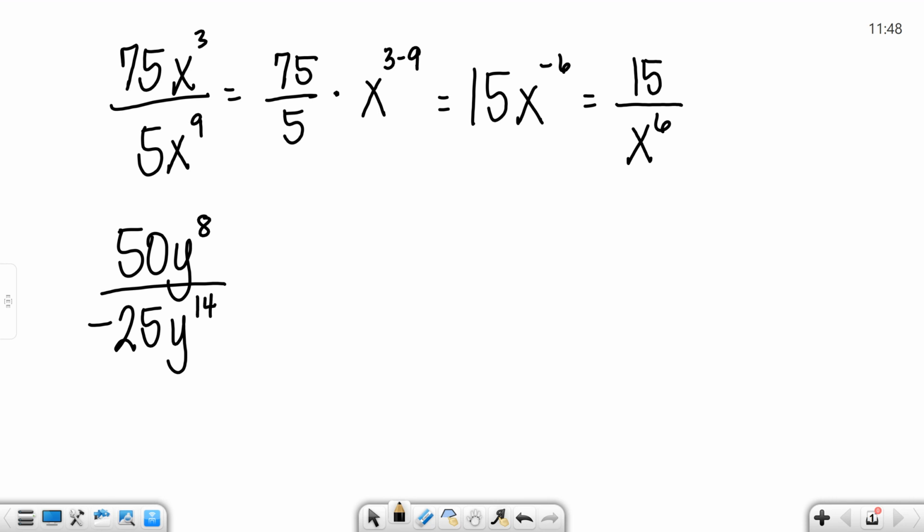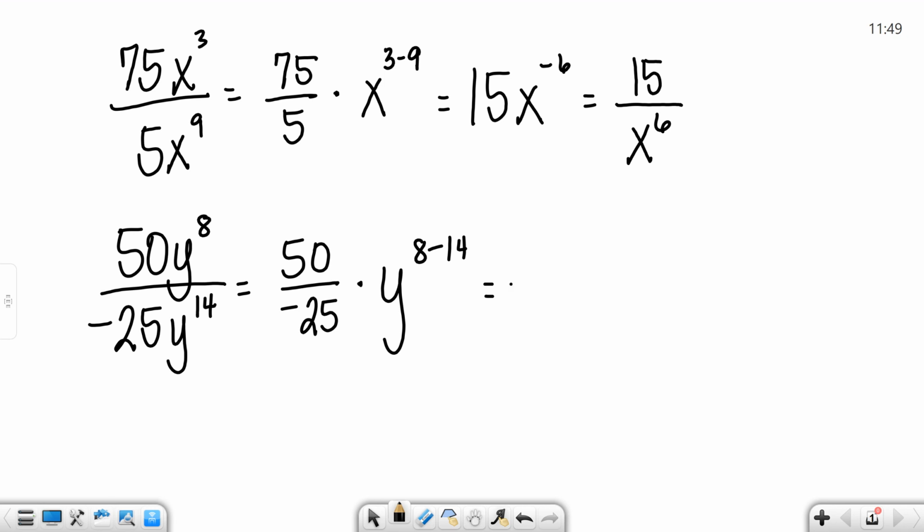All right, we're going to treat this one just like the one above. I'm going to start with my coefficients and divide those. And then multiply by. I subtract my exponents, top exponent minus the bottom exponent.